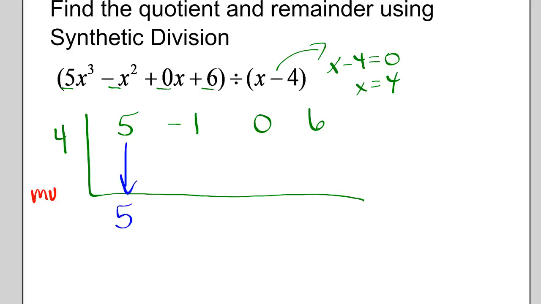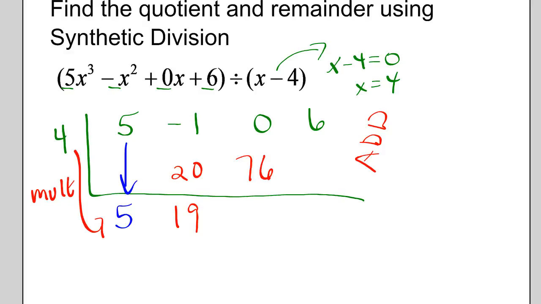I always multiply coming around here, and I add going down. So I get 20. Then I get a 19, and 19 times 4 gives us 76. 76 plus 0 is 76, and 76 times 4 gives me 304, and when I add, I get 310.